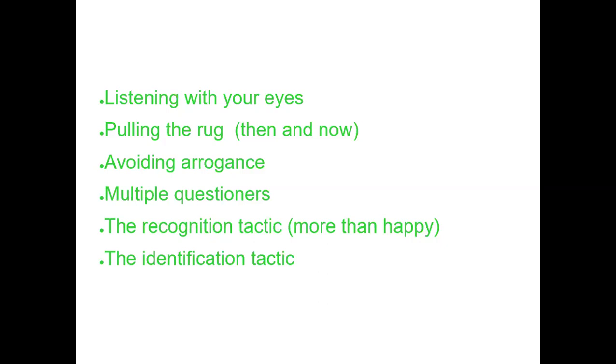Then comes the identification tactic. Identification tactic means that you should be able to identify your audience either by their names or through clues which are distinctive to them. Distinctive means that those clues, or those features, make them stand out from the rest.